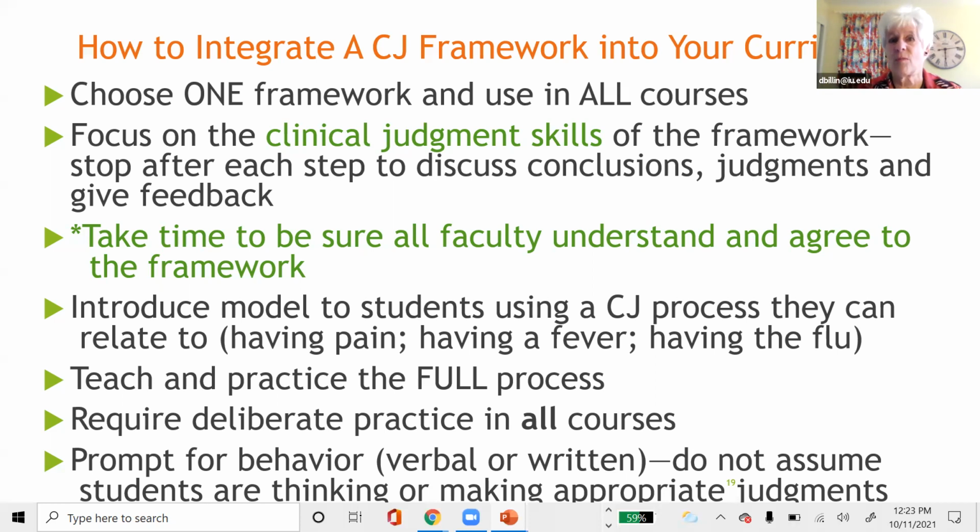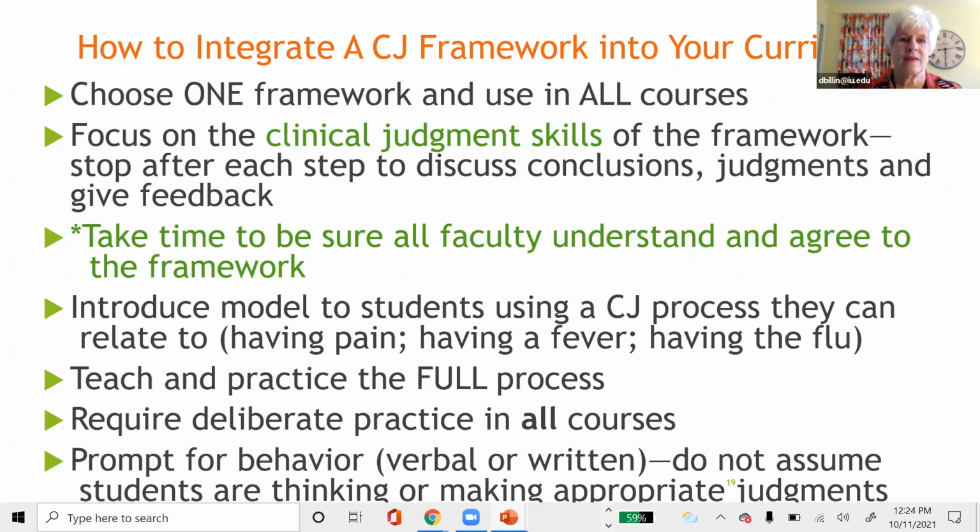Research courses have their own process. I can't think of any other course in the curriculum where using a clinical decision-making framework wouldn't work. So the more consistency, and the more courses the students see this in, the easier it is going to be for them to get to automaticity, which we want. This needs to just click for them.